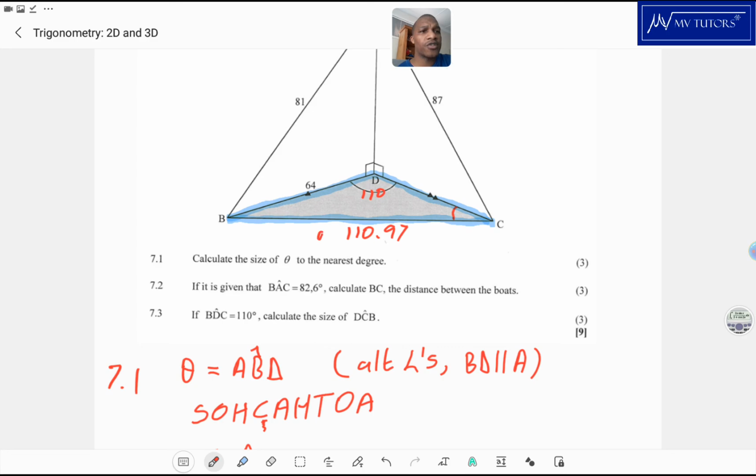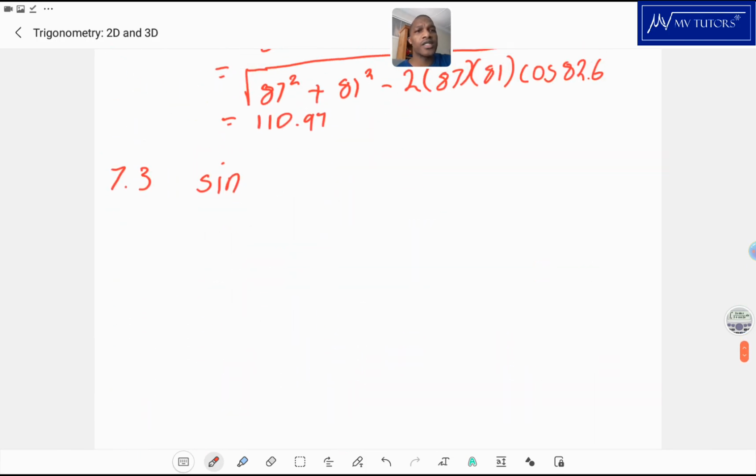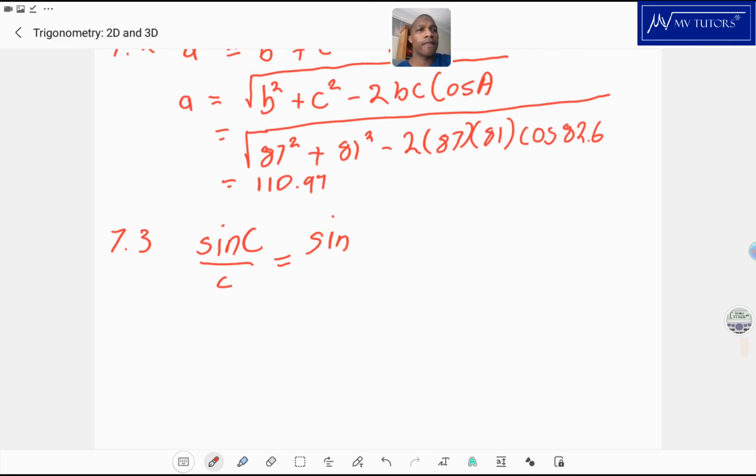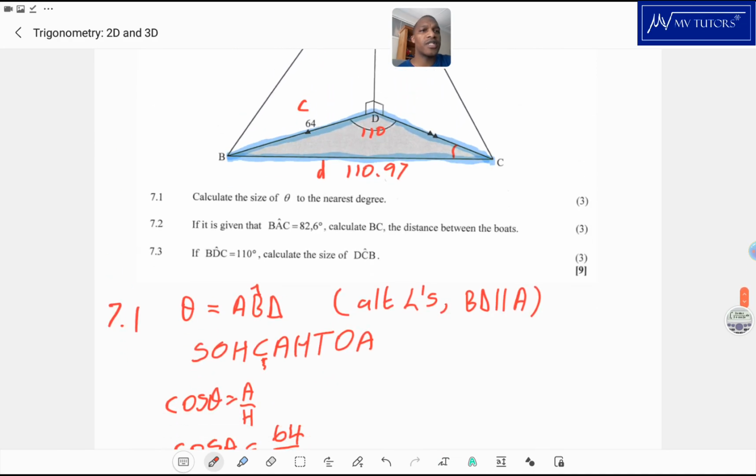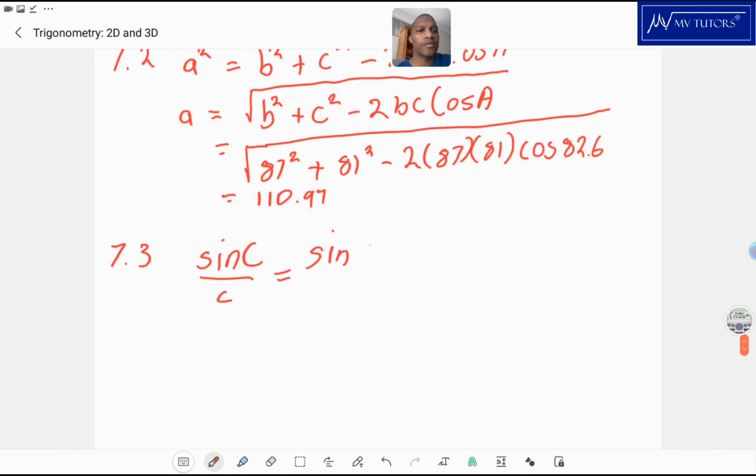This side is D, and that side is C. So we say sine C over C equals sine D over D. Now let's substitute these things.